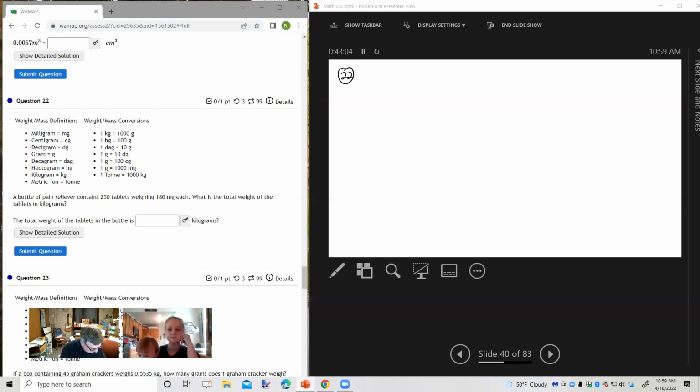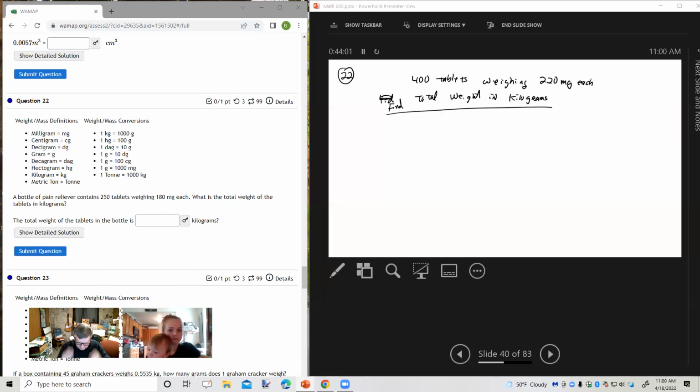So a bottle of pain reliever contains, we're going to say, 400 tablets weighing 220 milligrams each. Find the total weight in kilograms.